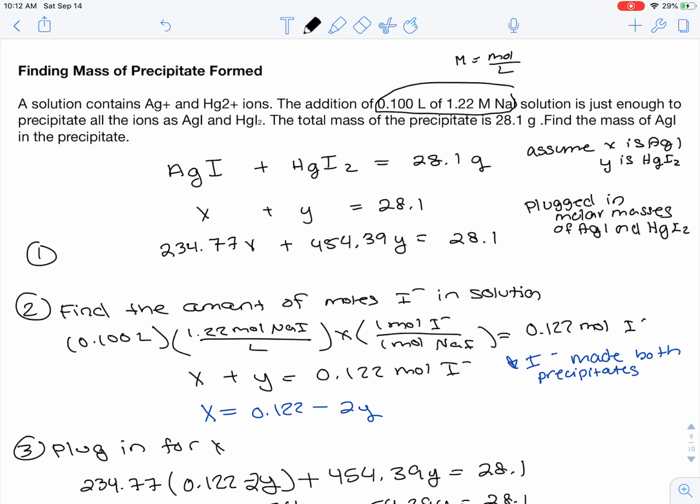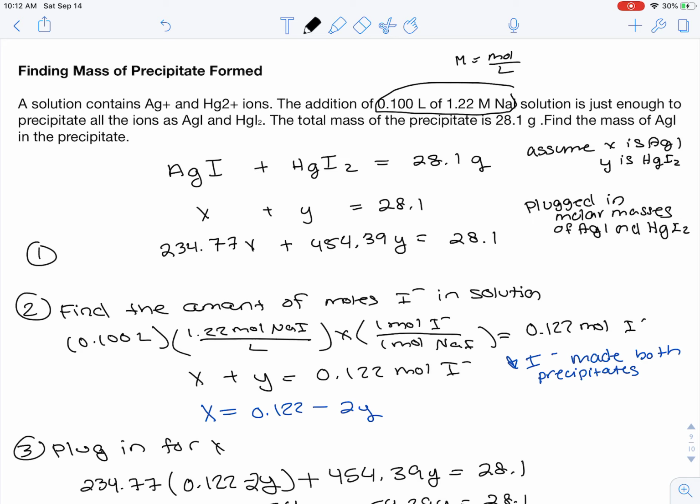Then I figured out, all right, well, I know that iodide is in both of these, so I can use the information from sodium iodide. Knowing that sodium iodide was in the reaction and sodium is a spectator ion, does not pertain to the precipitates formed, but iodide does. I isolated for iodide moles from the molarity and the volume.